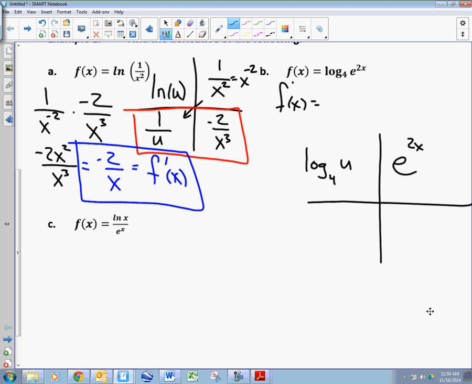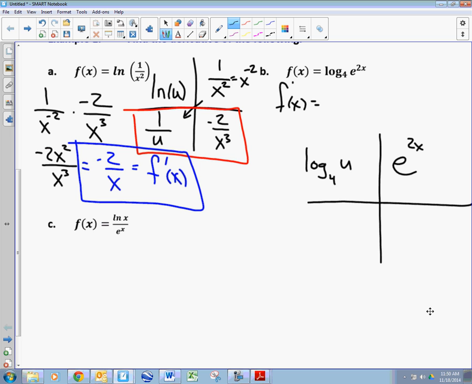I'm ready, kids. We got log base 4 of e to the 2x, and we want f prime of x. And so I divide this up, log base 4 of u, and u is e to the 2x. By the way, you'll have a full work day tomorrow on assignment. So what I need to do now is take the derivative of each.